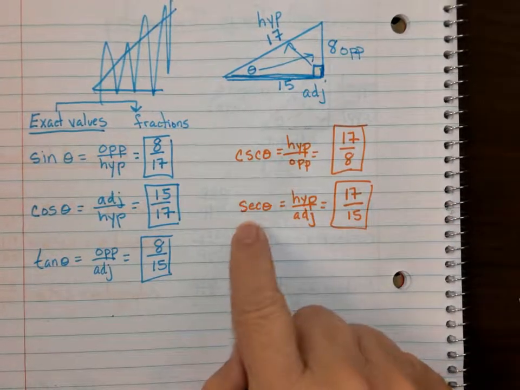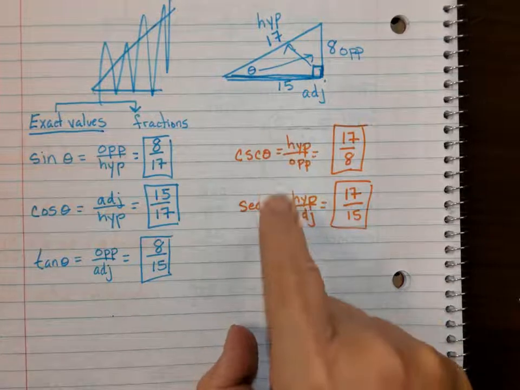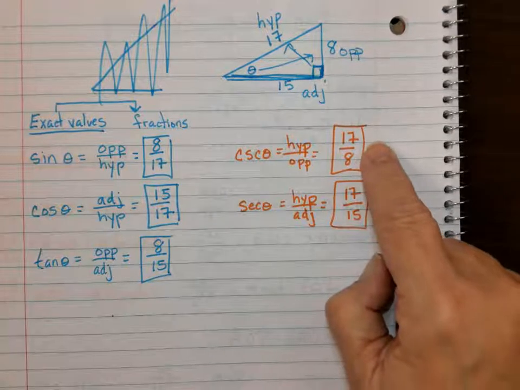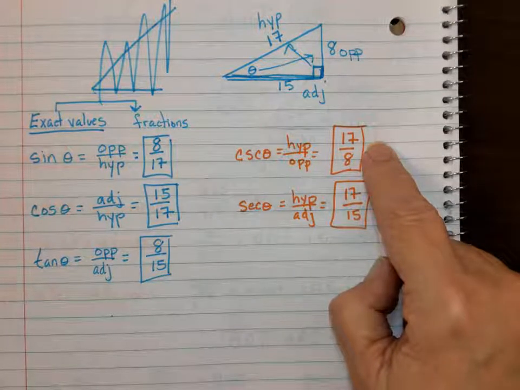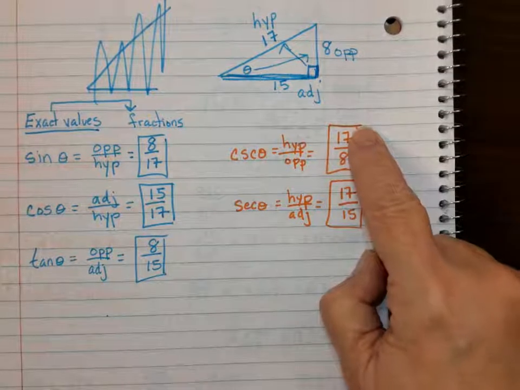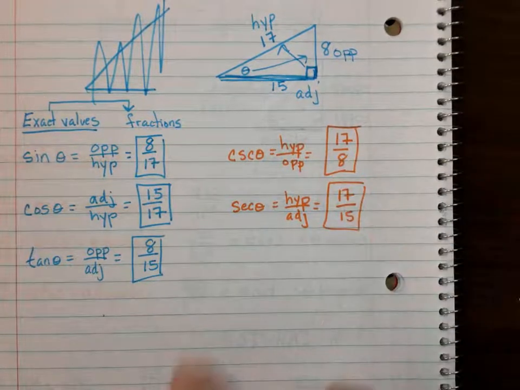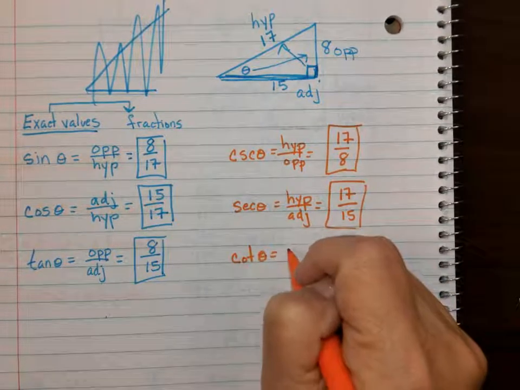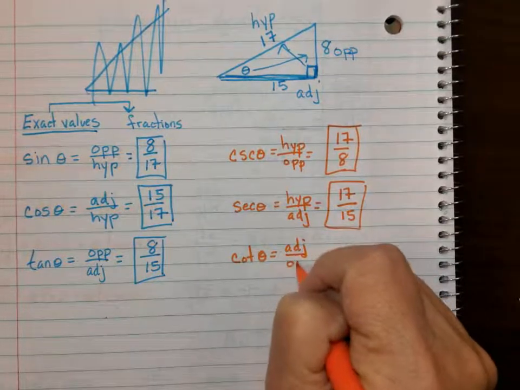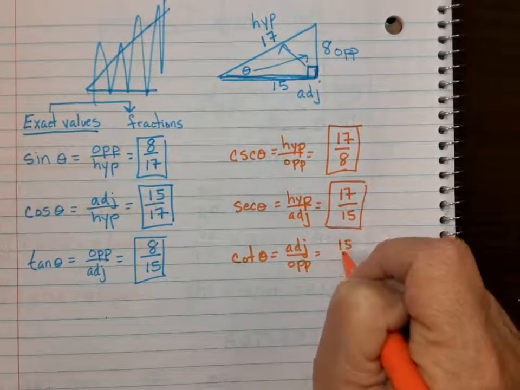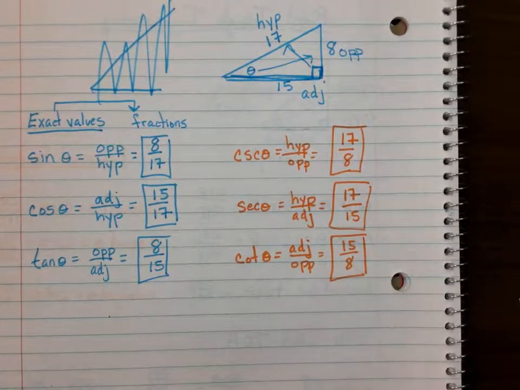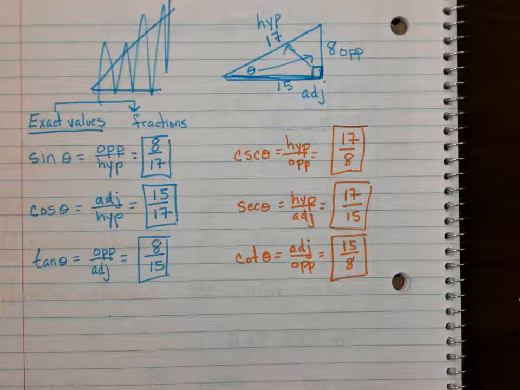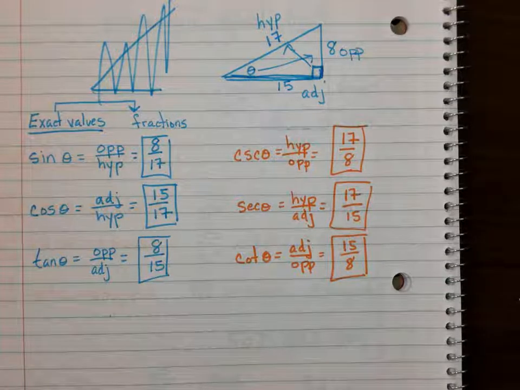On your cosecant and your secant, the hypotenuse is in the numerator. The hypotenuse is always the larger number. This ratio is always going to be greater than 1, because you're going to have a greater number over a smaller number. Then cotangent of theta is going to be adjacent over opposite, which will be 15 over 8. Alright. Any questions so far?